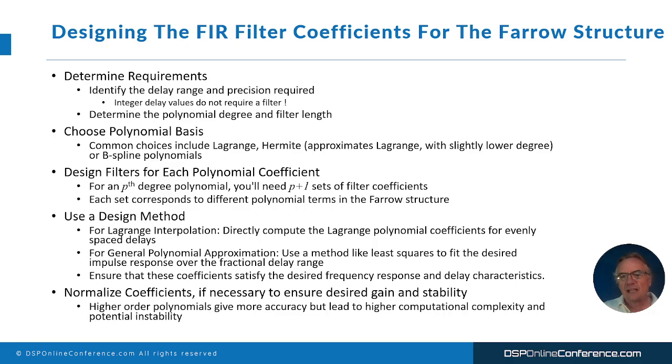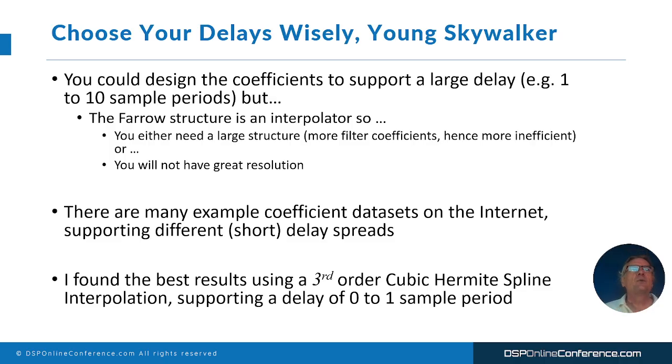So the gain through the filter would vary depending on the delay. In one of my early implementations, I ended up having a little delay compensation piece of code, just a couple of lines at the end, to normalize the gain through the filter dependent on that delay value. So we need to choose our coefficients wisely.